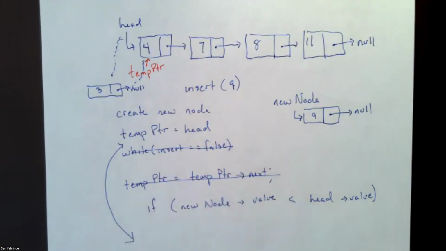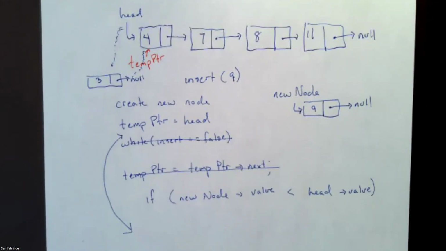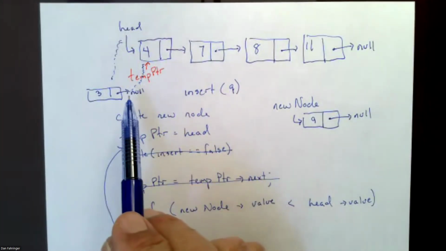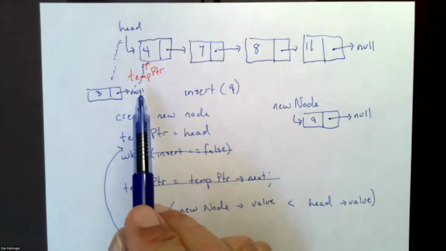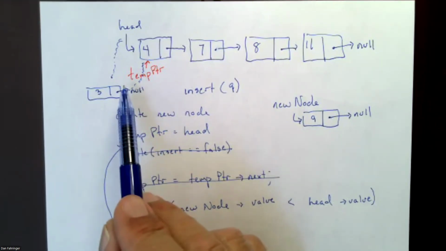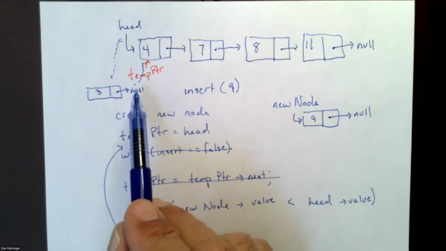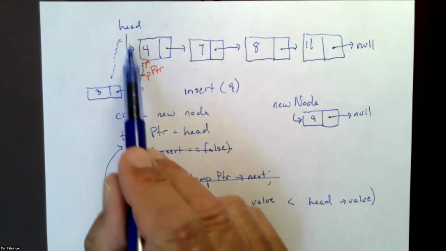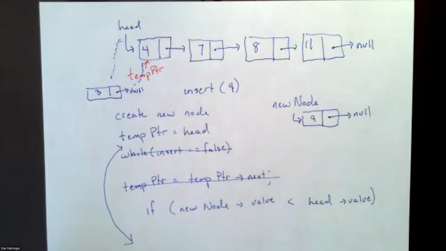I don't even need temp pointer yet. Head equals new node. So if head equals new node, what does new node's pointer go to? We don't know because we lost our whole linked list. Something should be done before that.